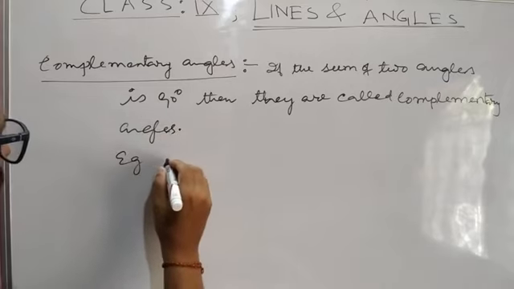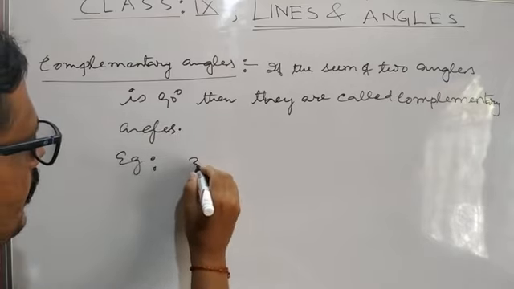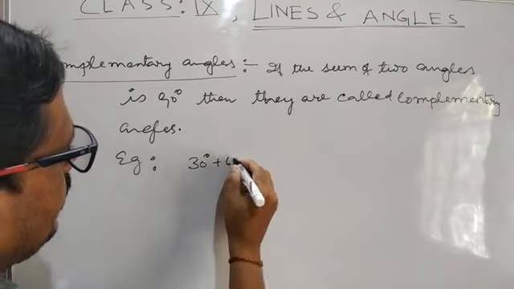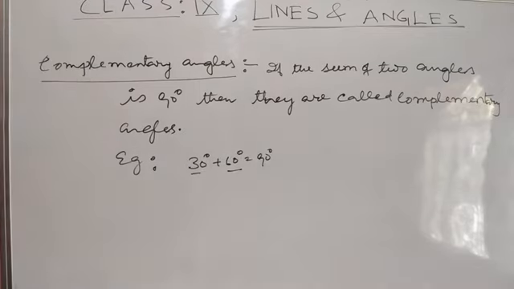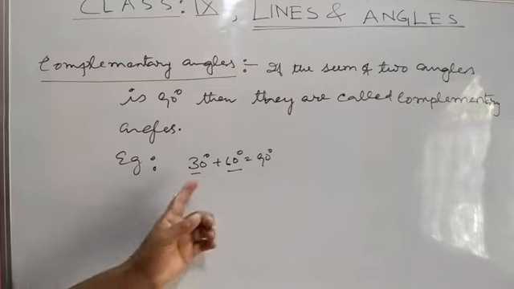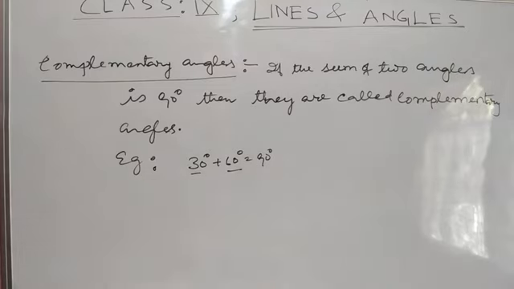As for example, 30 degree plus 60 degree equal to 90 degree. So the sum of these two angles is 90 degree.